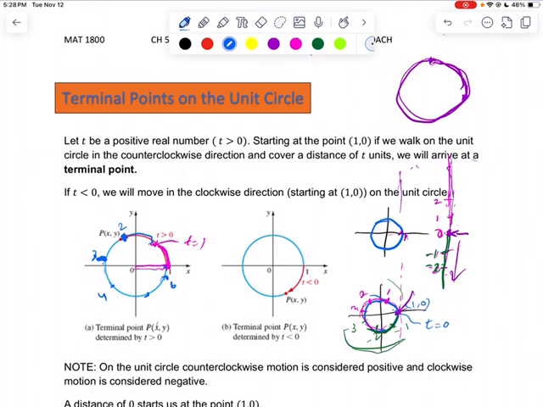This is the distance on the circle, so we have to use another variable. So we are using t. If you understand this, then we can move on and try to find the terminal points of some special values of t.